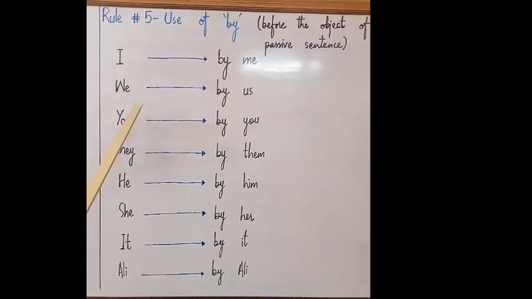Same as you becomes by you, they becomes by them, he becomes by him, she becomes by her, it becomes by it, and if there is any name given, for instance Ali, it becomes by Ali. So this is the usage of by in passive sentences.